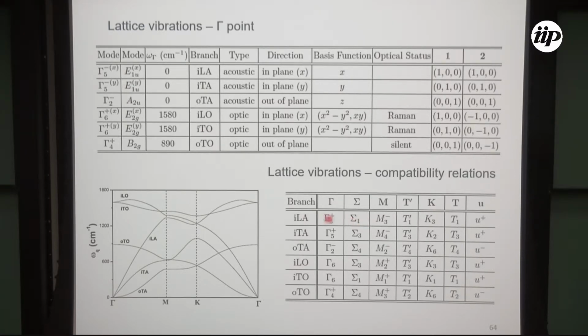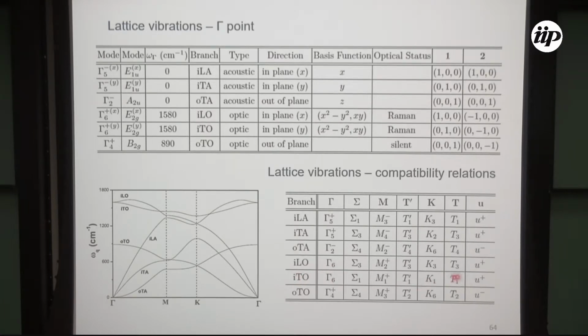You can map inside of the Brillouin zone how these symmetries go, okay? For example, for this longitudinal optical phonon, which has gamma 6 symmetry, it goes to sigma 3 or M2 or T3 and so on, okay?